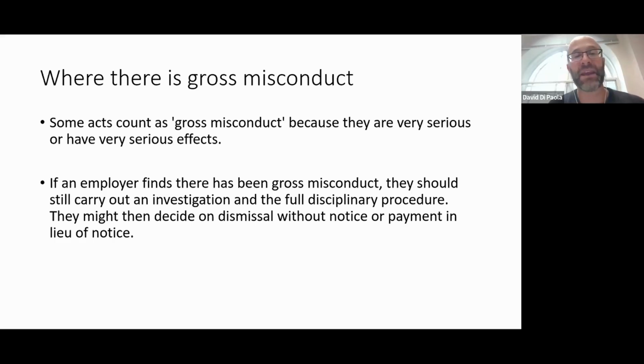That would probably be something that could be classed as gross misconduct. The main thing, and we'll no doubt come on to look at it further on in the slides, is that if you are potentially facing disciplinary action for gross misconduct, there is a possibility that you might lose your employment. So that's the fundamental difference.